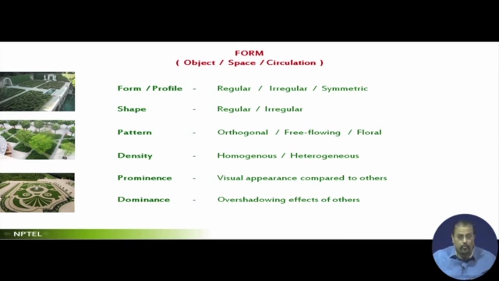Next is prominence. Prominence is like the visual appearance of one in comparison to the other. It is something like when we say that this particular person was very prominent over there, because basically you are saying that person was drawing attention compared to the others.